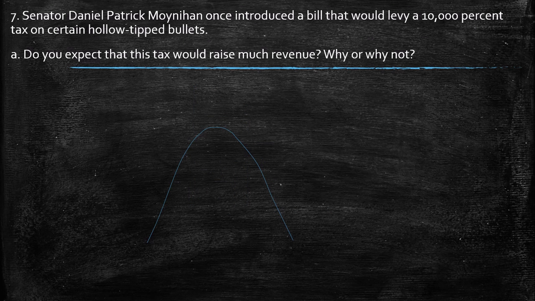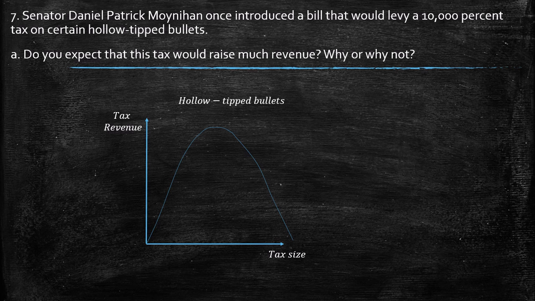The seventh and last part of this video. Senator Daniel Patrick Moynihan once introduced a bill that would levy a 10,000% tax on certain hollow-tipped bullets. Do you expect that this tax would raise much revenue? Why or why not? So here we have the Laffer curve, and here are the hollow-tipped bullets.